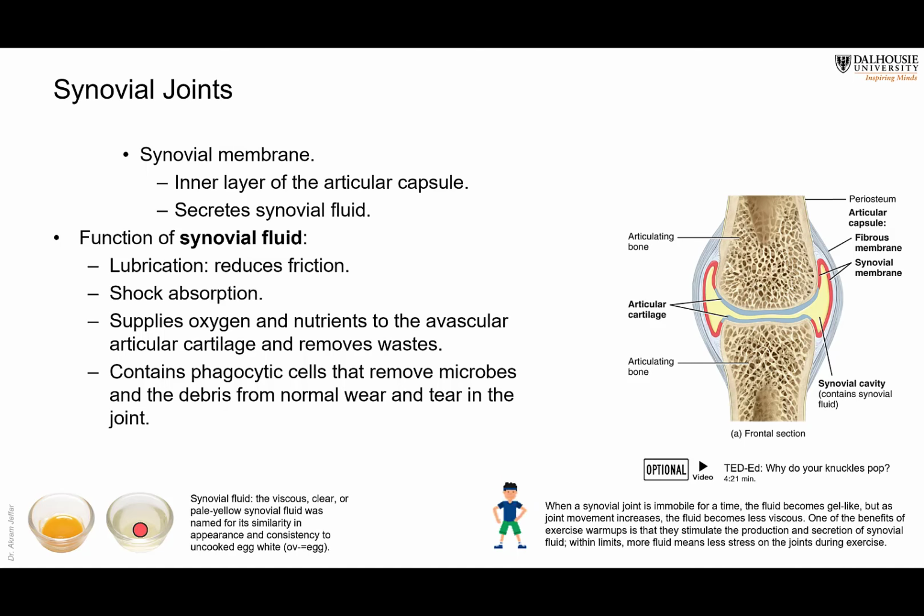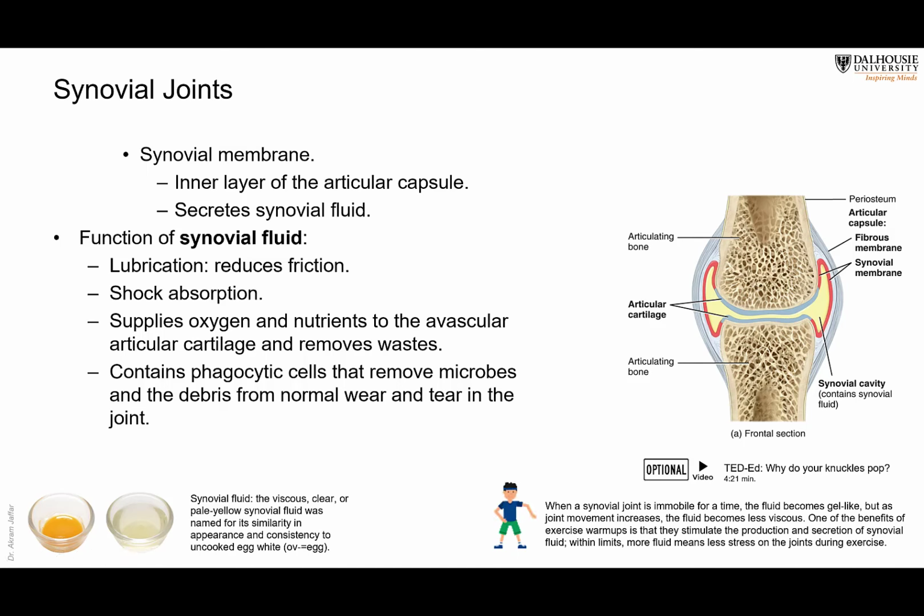So this fluid has many functions. It bathes all these surfaces. It fills the cavity of the joint and is secreted by the red structure, which is the lining of the capsule. This fluid, apart from reducing friction and acting as a shock absorber, carries nutrients and oxygen to this cartilage, the blue structure, because the cartilage is avascular.